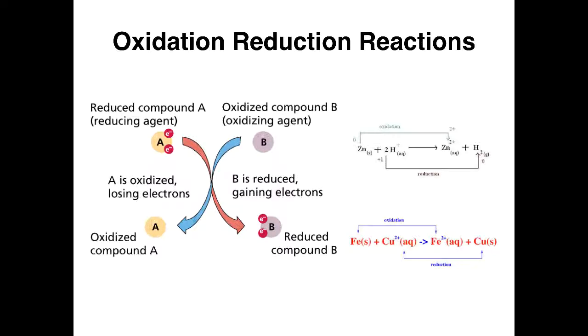Here's another example. Iron loses 2 electrons to form iron 2+, so it's oxidized, and that side is called the oxidation side. Copper gains 2 electrons and becomes copper solid, so it's the reduction side. It is reduced. Copper is the oxidizing agent. Iron is the reducing agent.